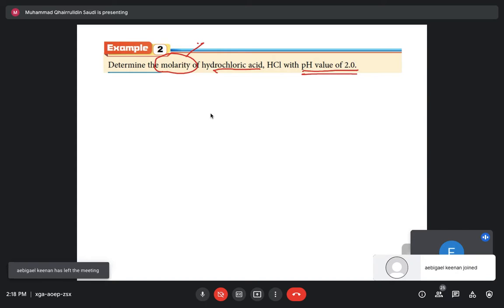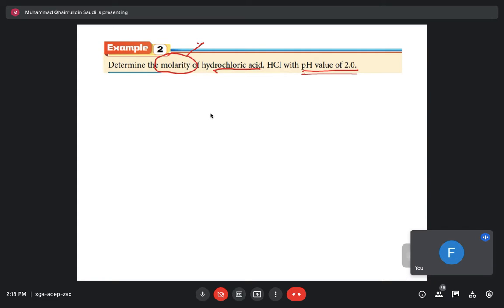Okay. Sebelum we're not going into molarity betul-betul lagi, but for now you can just know that molarity is equal to the concentration. Okay, is equal to the concentration.